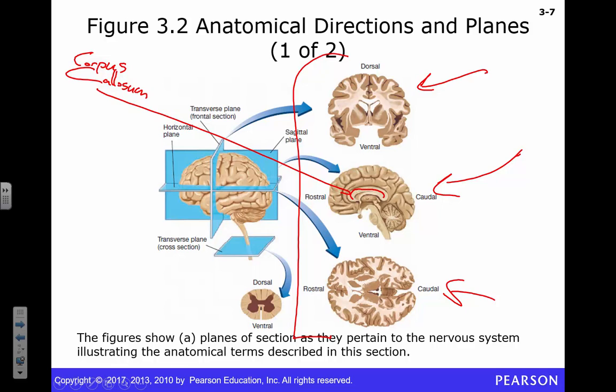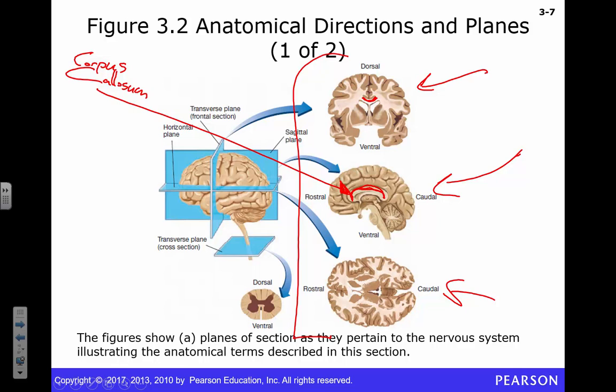If you have intractable epilepsy, they will occasionally come in and cut this, so they'll split it. We talked a little bit about that before. So your left and right hemispheres are not communicating with each other. That's the corpus callosum there in a sagittal view. This is the corpus callosum in a coronal view. All right?